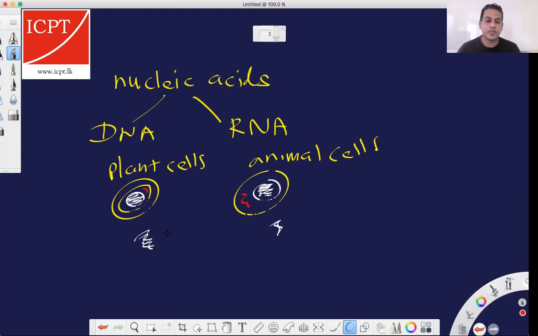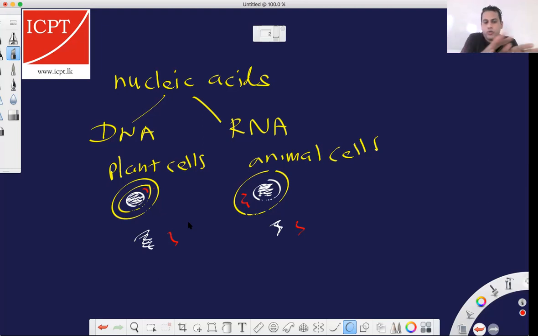So I'm drawing these things. So this is a DNA molecule and this is a RNA molecule. Now you understand, once we eat food that consists of cells, the DNA and RNA are released into the digestive system.